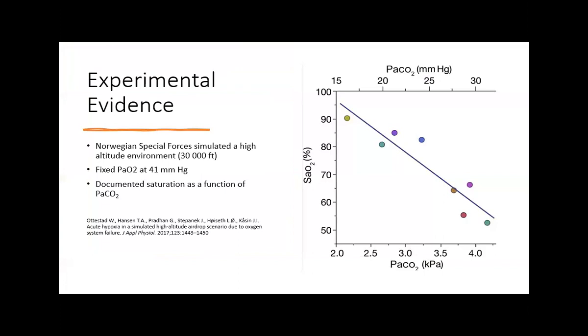What they've done is they then changed the CO2. Your PaO2 has stayed constant. Okay, so from changing your CO2 from 30 to 15, you have changed your saturation from 55 to 95 without changing any oxygenation.